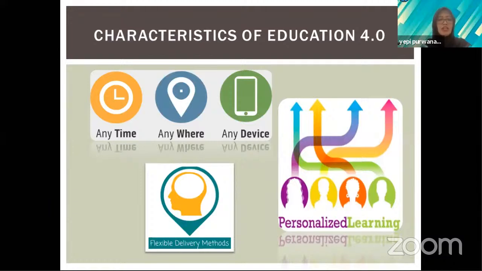So when I have to teach students in junior high school, students in senior high school, and students in university or higher education level, even though I have the same material to be delivered, I have to choose a method that suits the students' characteristics. So that's why we have what we call flexible delivery methods.